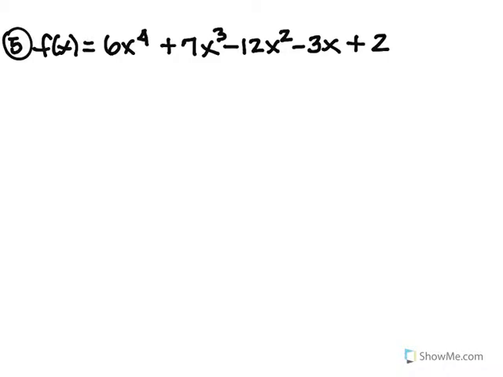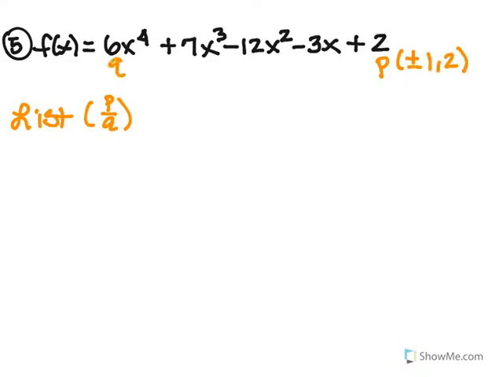You see I'm doing the same process on each problem. I need my list of P over Q, possible zeros. My P would represent the factors of my last number, which would be positive, negative 1 and 2.